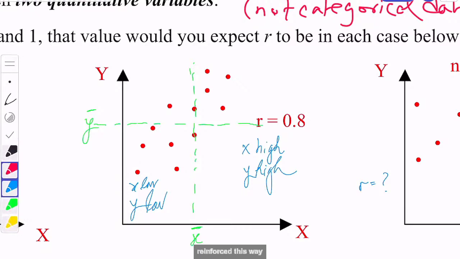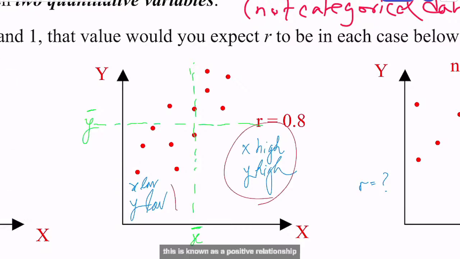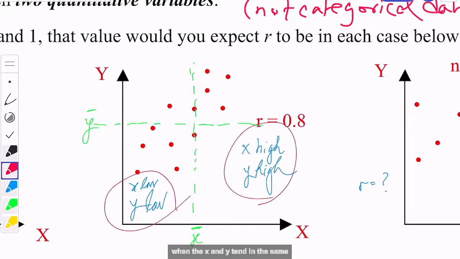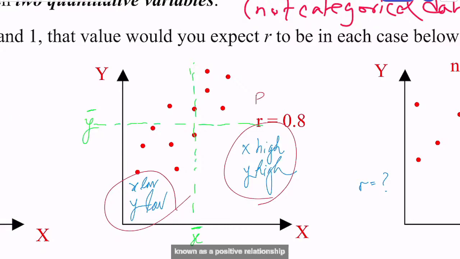When it's reinforced this way, this is known as a positive relationship. When the X and Y tend in the same direction, they behave similarly, okay? So this is known as a positive relationship because one reinforces the other.